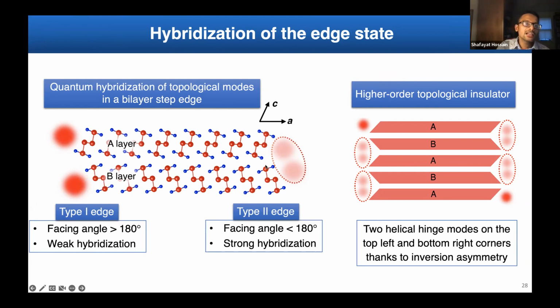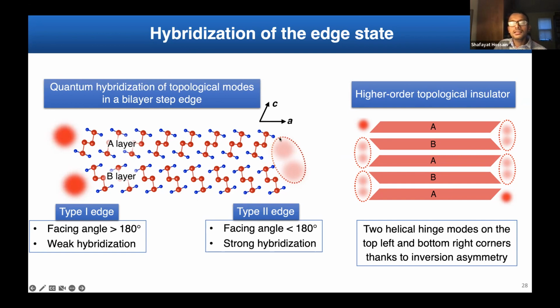Now we know that the hybridization of the quantum spin Hall edge is destructive. So when the facing angle is larger, then the hybridization is weak. So the edge state survives. Versus when we have a smaller facing angle, there is a stronger hybridization and the edge state becomes weaker.